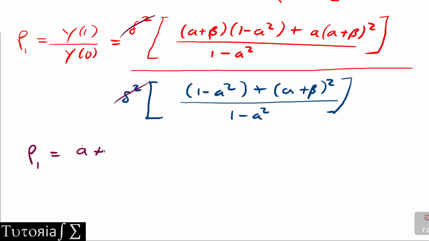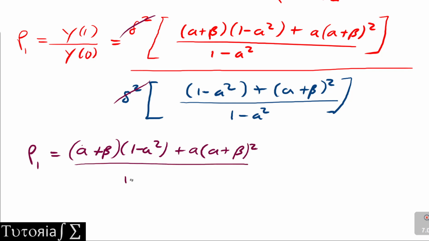So we have a plus beta, open brackets, then we have 1 minus a squared, okay, plus a plus beta squared, then all over 1 minus a squared. So this will be times, so this will swap.